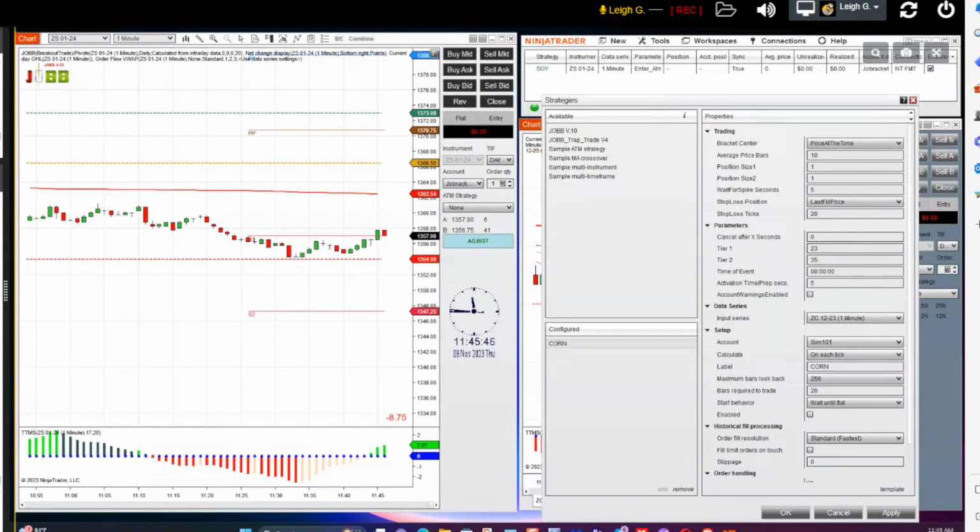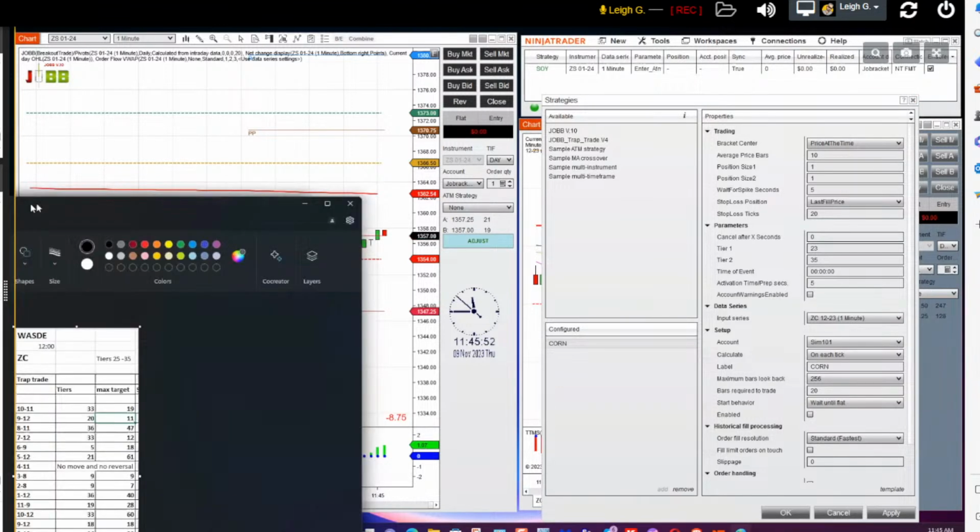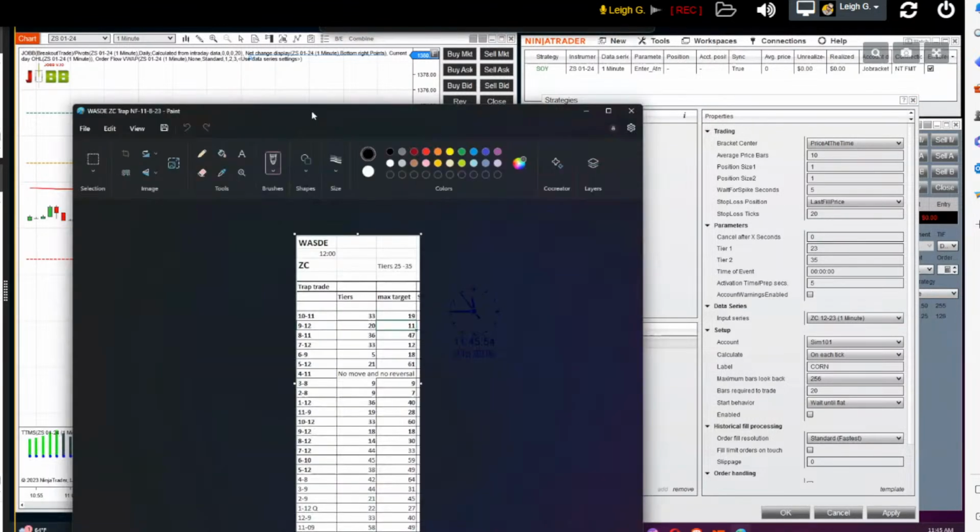A trap trade is based on spikes. So again, we have research that helps us determine whether or not and what the size of the order should be, where it's going to sit on the chart. So if you look at the last 6 corn, the biggest move we had was 36 ticks.